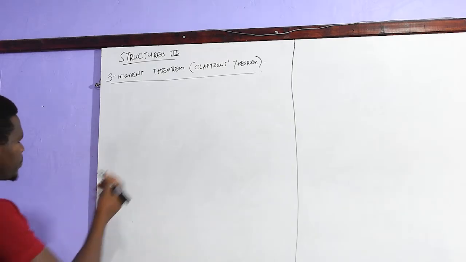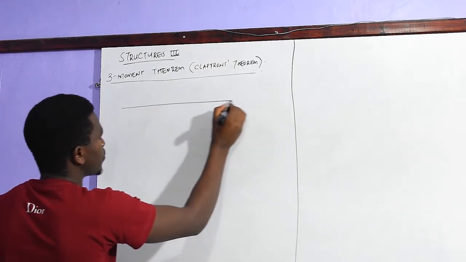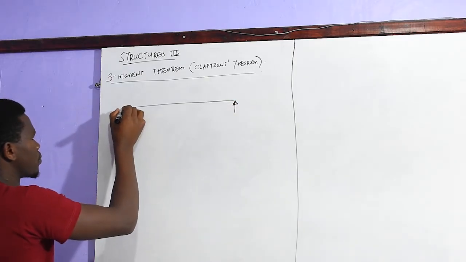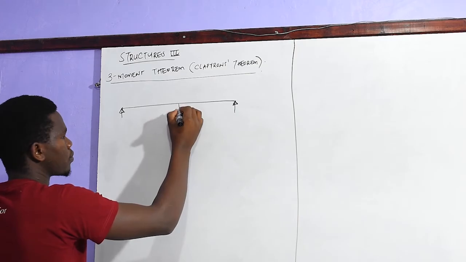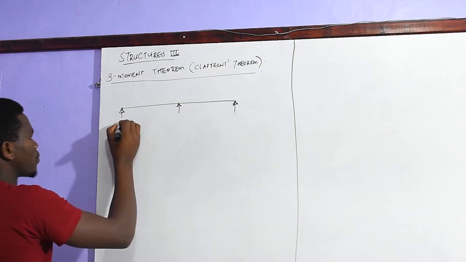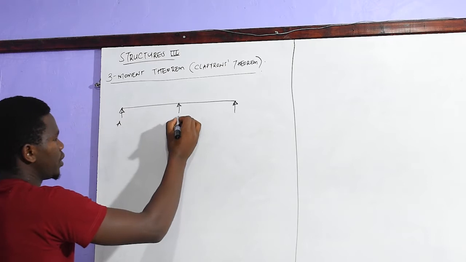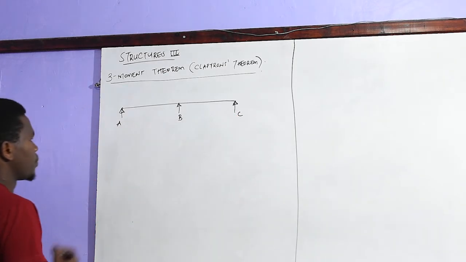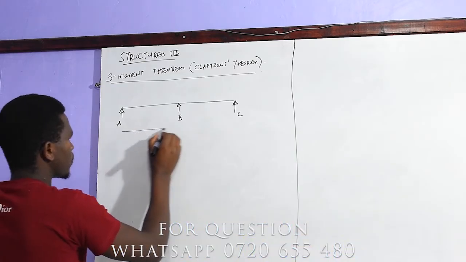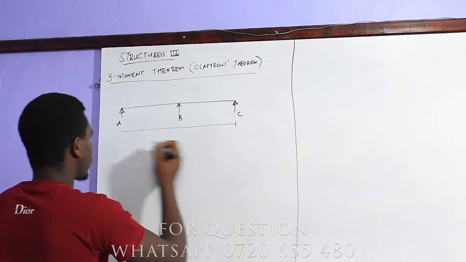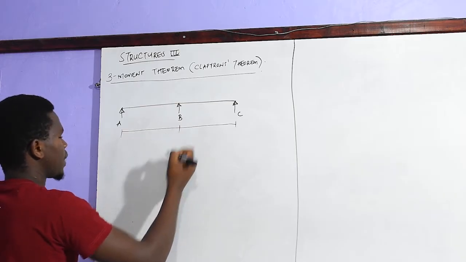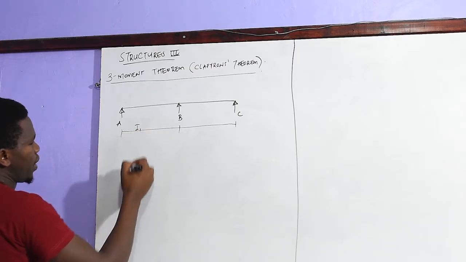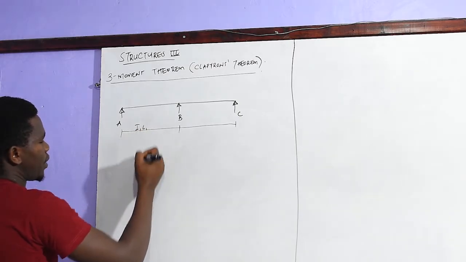Take a case of a continuous beam with supports A, B, and C. Let span AB have moment of inertia I1 and length L1.